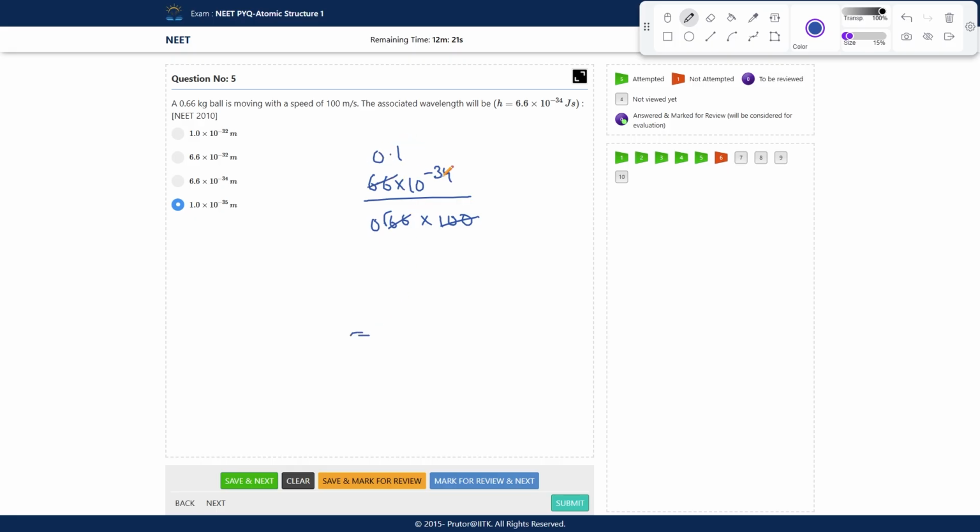Now 0.1 multiplied by 10 to the power minus 34 will give you 1 into 10 to the power minus 35. So the correct answer will be option number D. Is it clear now why option D is correct? Okay, does anyone have a doubt now? Moving on to the next one.